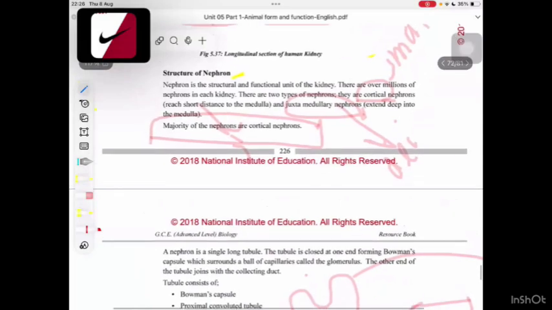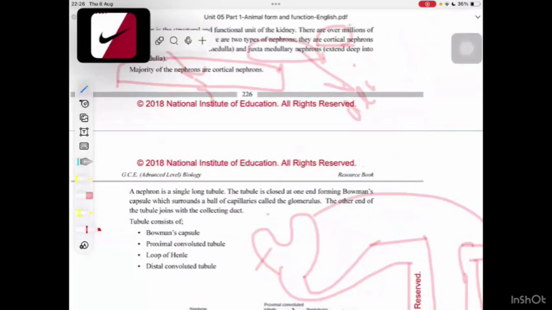Right? You can write down those points. Glomerulus and collecting duct are not parts of the nephron.